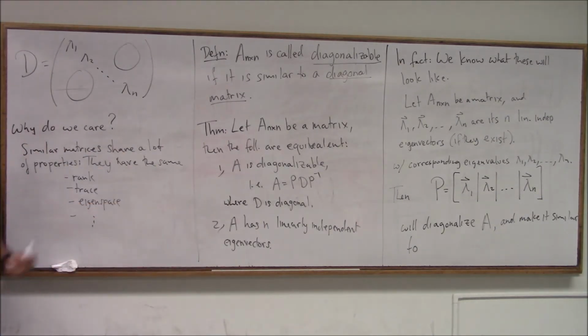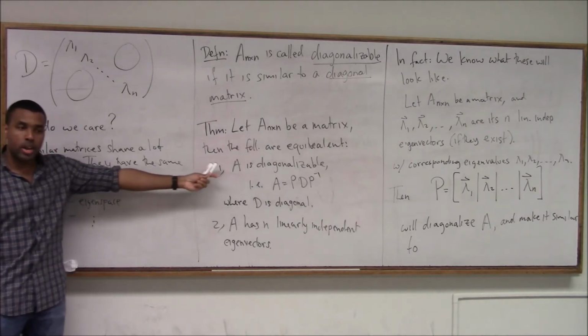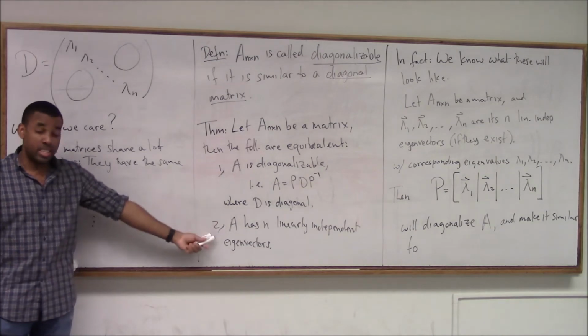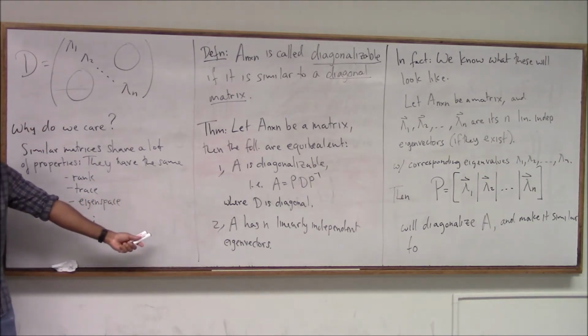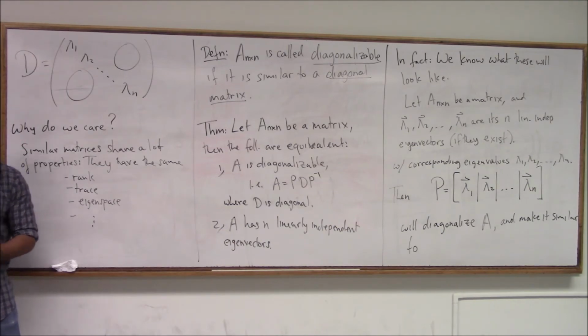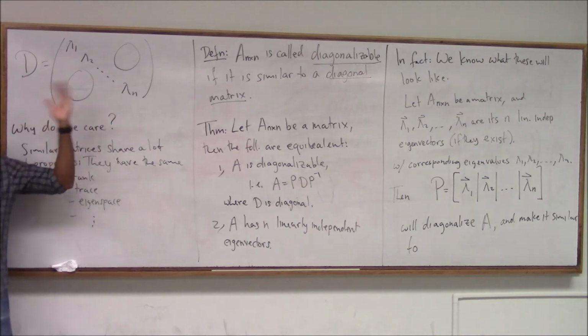So if I have this linear transformation that I want to study, and I can find its eigenvectors, and I realize that there are n linearly independent ones, I can create an eigenbasis, shift my space to look from the perspective of eigenvectors, and that matrix will transform into a diagonal matrix.